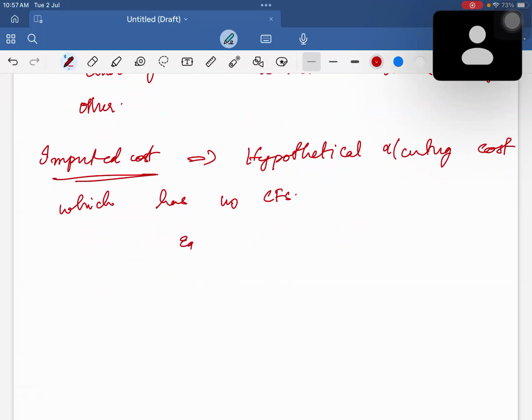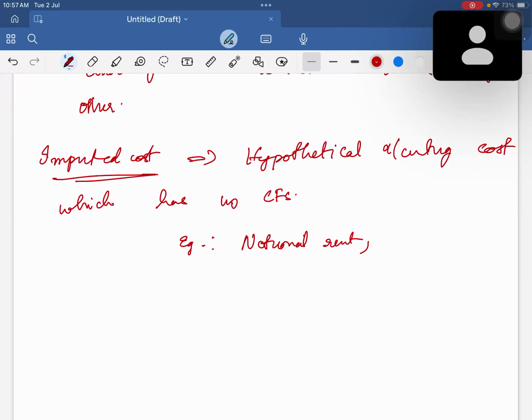An example is notional rent. Notional rent is when you have your own building, and instead of renting it out, you use it for your own office service. So that is a notional cost. That is not actually a relevant cost because it is not something that you incur, but it can have opportunity cost.